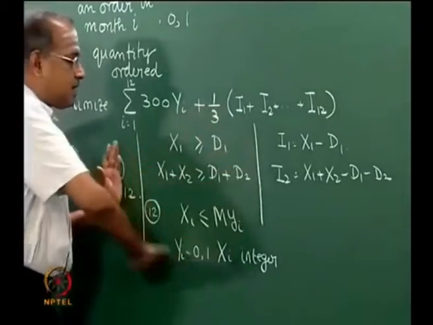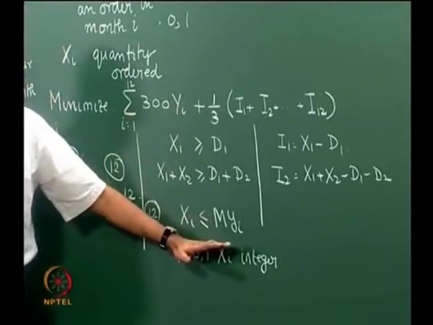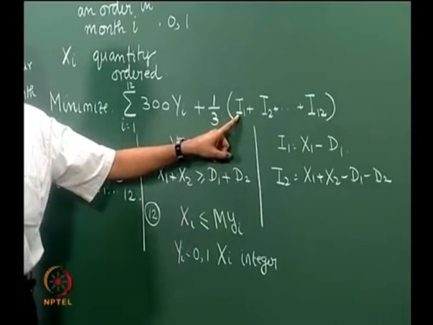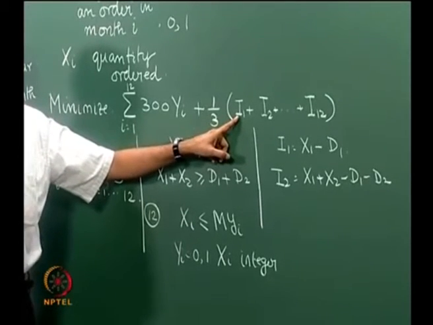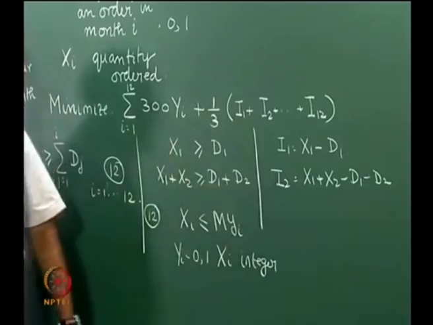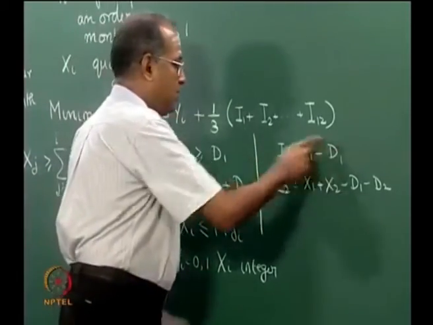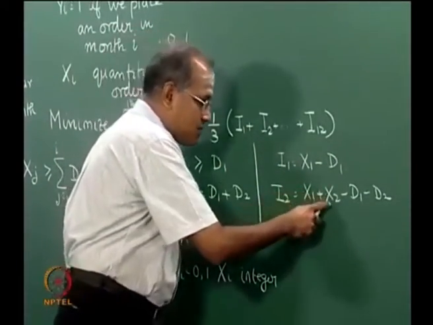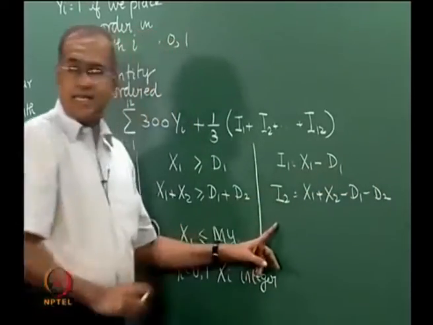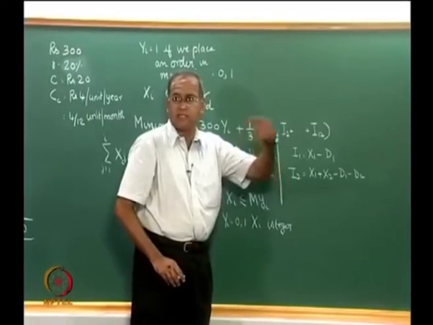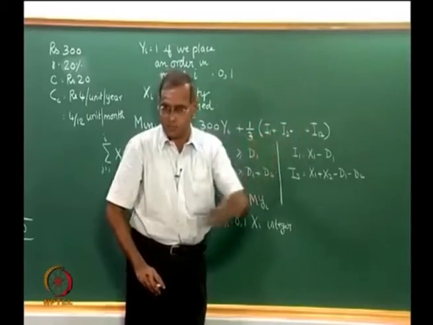So, now the constraints are all written in terms of x and y, but the objective function has this I term. So, this I has to be replaced in terms of x. So, I1 is x1 minus d1, I2 is x1 plus x2 minus d1 minus d2, I3 is x1 plus x2 plus x3 minus d1 minus d2 minus d3 and so on.